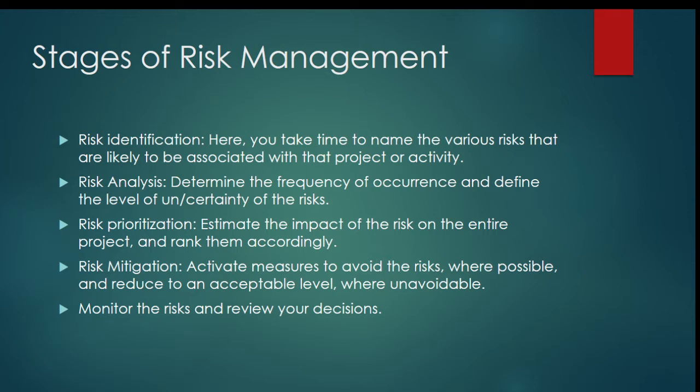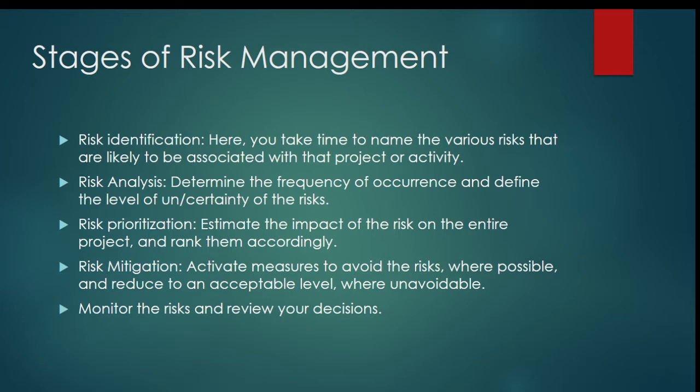Then the second step is to analyze the risk, determine the frequency of occurrence, and determine the level of certainty or uncertainty of the risks that are involved in that particular venture or that particular project, or in this case, in cryptocurrency in general. Okay, so once you've identified the risk involved in cryptocurrency, the next thing you want to do is to analyze the risk.